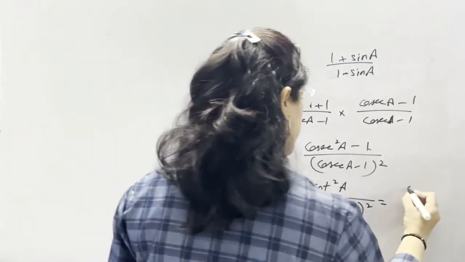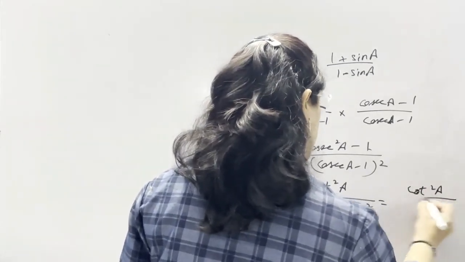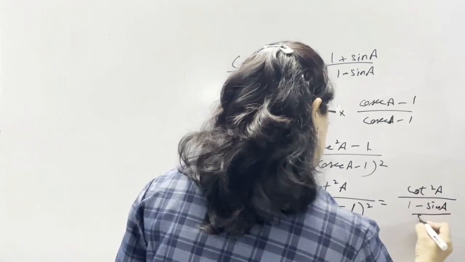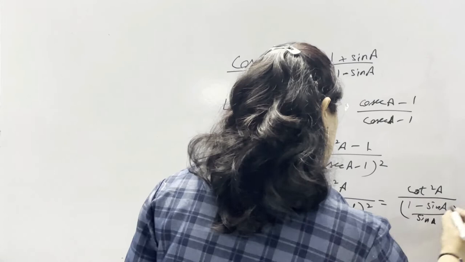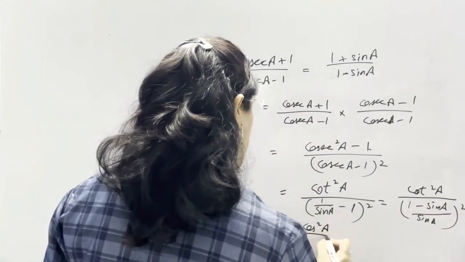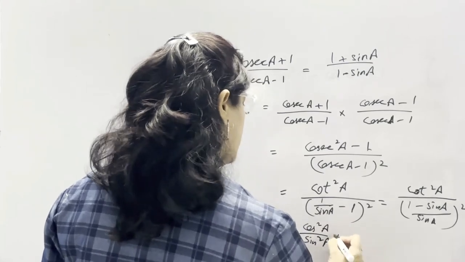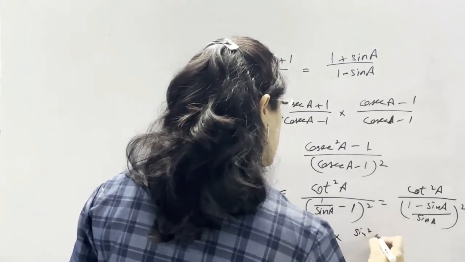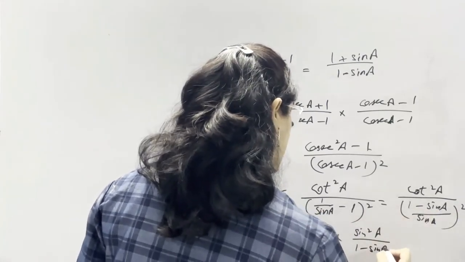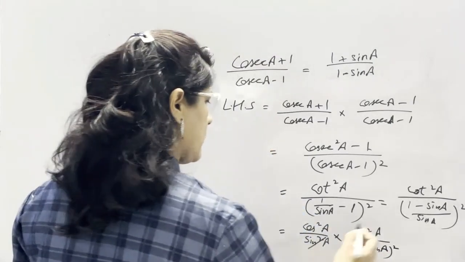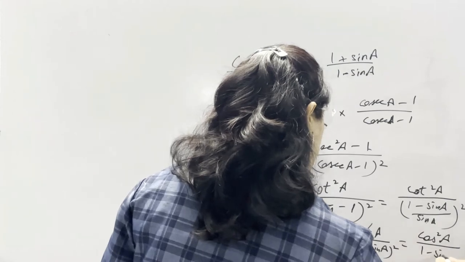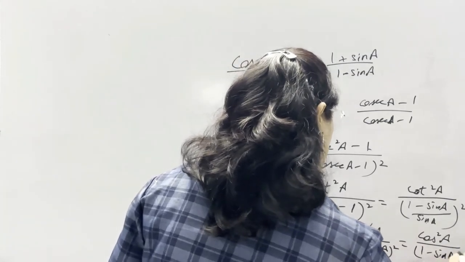Now cot square A in the numerator, and in the denominator 1 minus sin A, and in the LCM sin A and then square. Now cot square is cos square upon sin square, and here this sin square A goes to the numerator and (1 minus sin A) whole square. Now sin square cancels, cos square A upon (1 minus sin A) whole square.